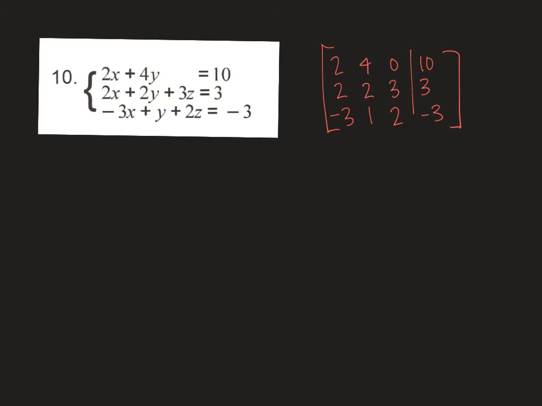So I'm going to multiply everything in that first row by 1/2. So it's going to become 1, 2, 0, 5. And then all my other rows stay the same.